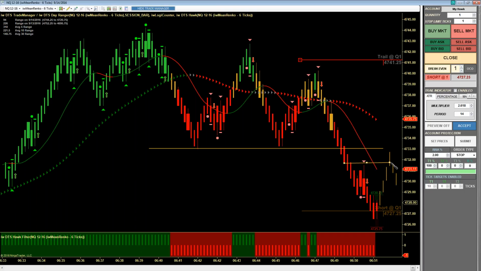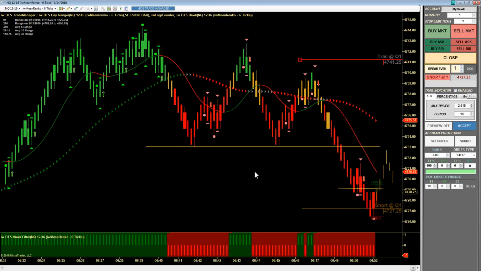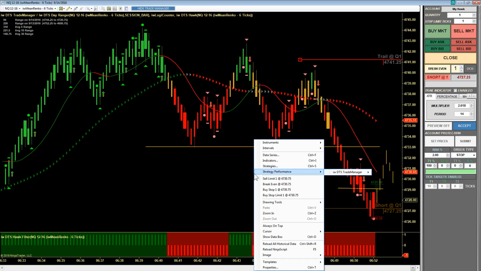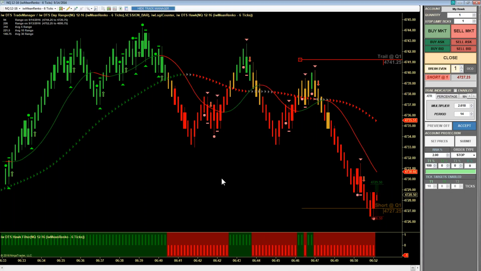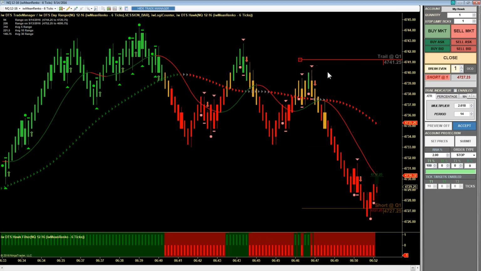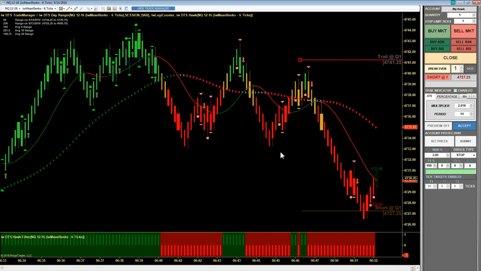So I don't want to keep my stop here. I don't want to keep my stop down here because I'm going to get stopped out too early, right? I want to give the trade a decent chance to get to its profit objective. And the only way to do that is to keep it a little bit further away, to play the probabilities.